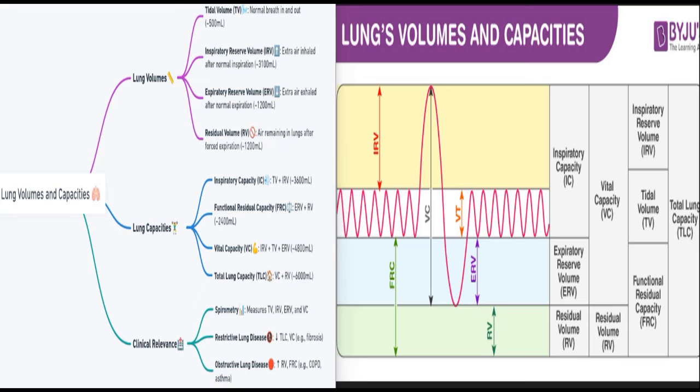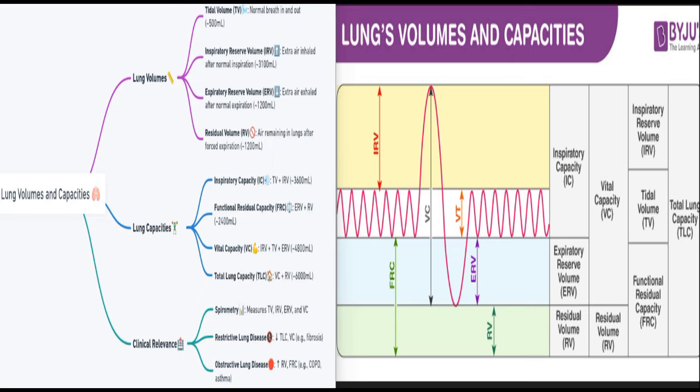Alright, so let's take an example where you have your forced expiratory volume in 1 second predicted as 2.28 liters, and the lower limit of normal being 1.68 liters. With this, the forced expiratory volume in 1 second is above the lower limit of normal, and therefore it suggests that there's no significant airflow limitation.